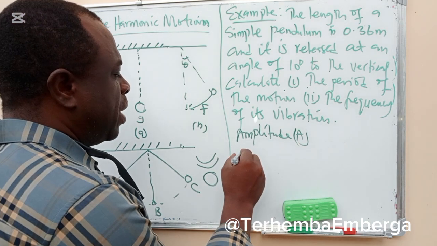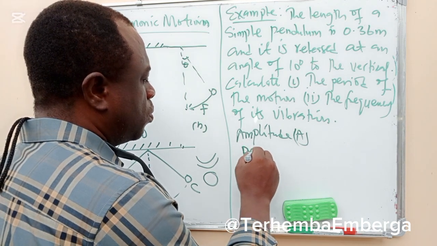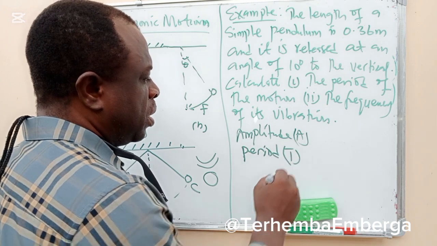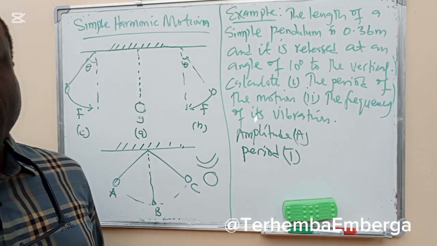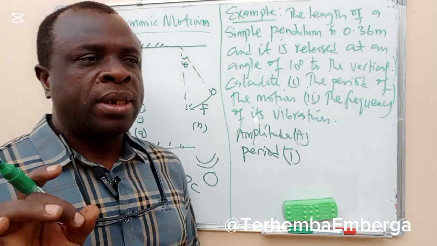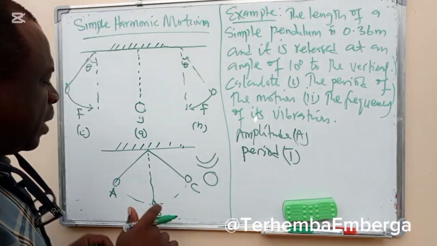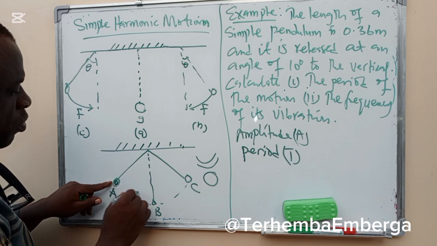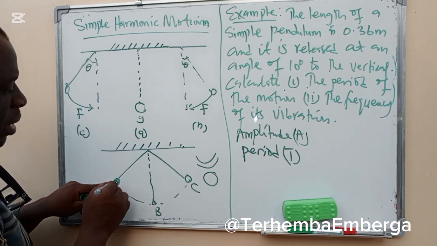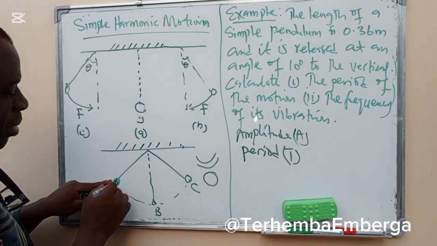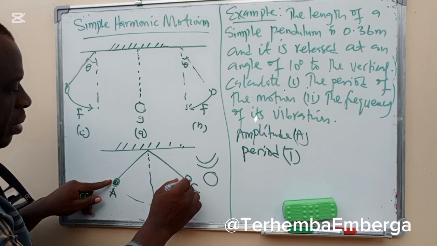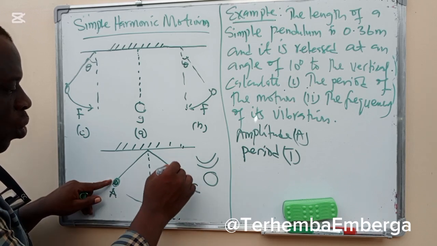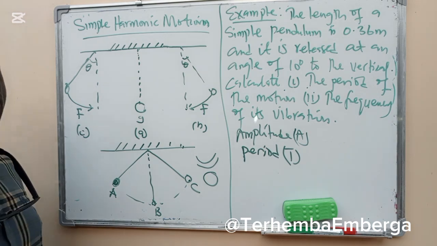Then we also have another term we call period. It is the time taken for one complete oscillation. The time it will take this bob to move to C and back to A. The journey starts from A through B to C, then back to A. That is one complete oscillation or circle.